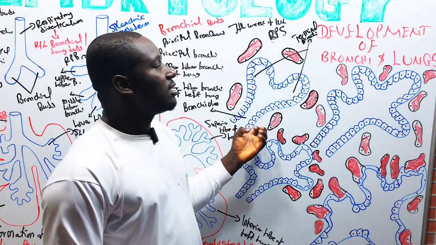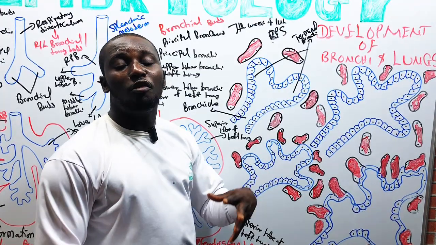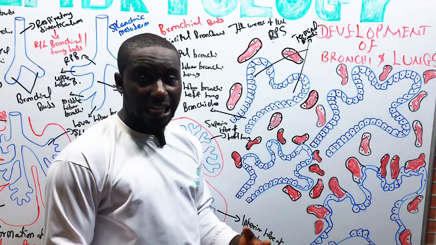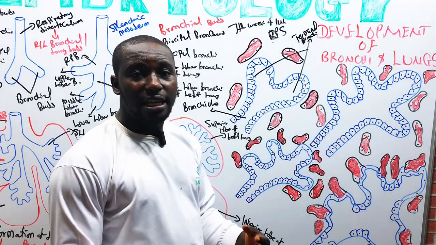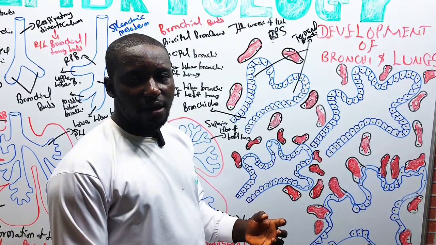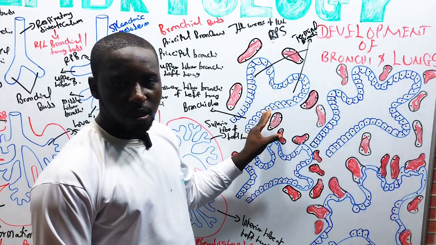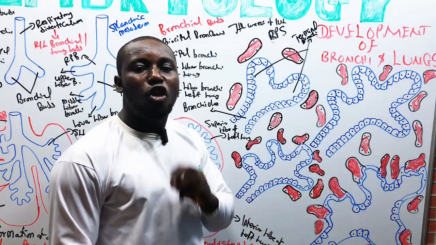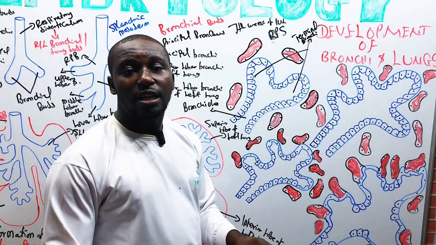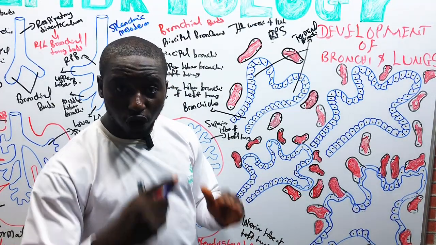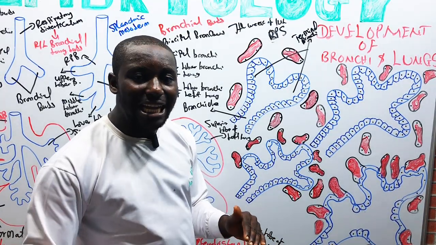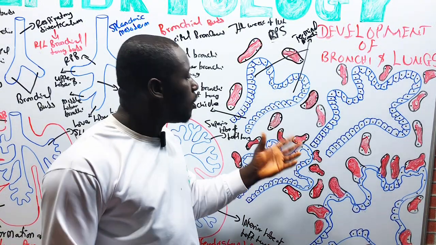And recall that the elements of the conducting zone of the lungs, that is the bronchi, the bronchioles, and everything, usually form in this stage. But the elements that form the respiratory zone of the lungs, such as the respiratory bronchioles, the alveolar duct, the alveolar sac, and the alveoli, are not formed in this stage.